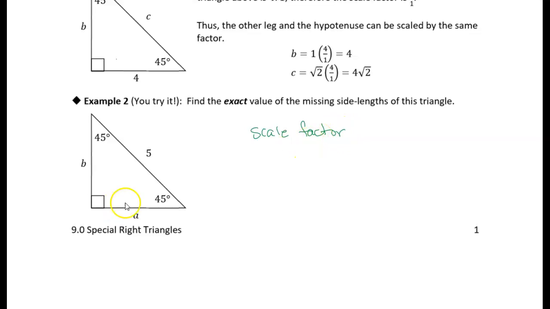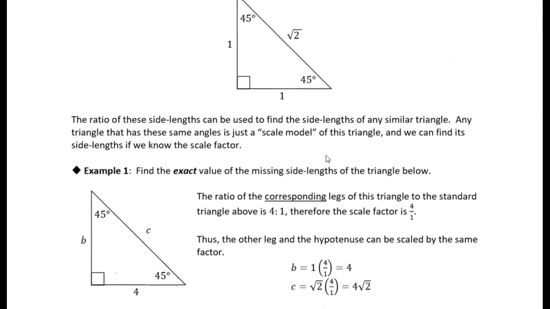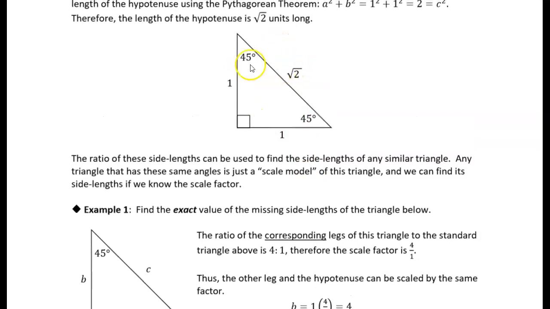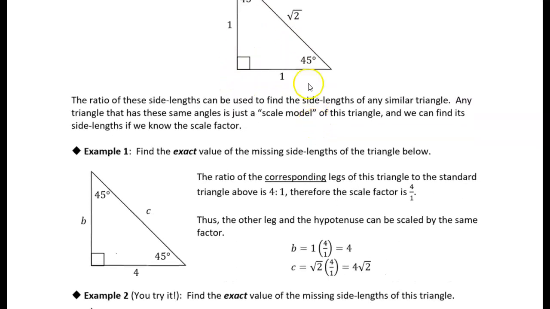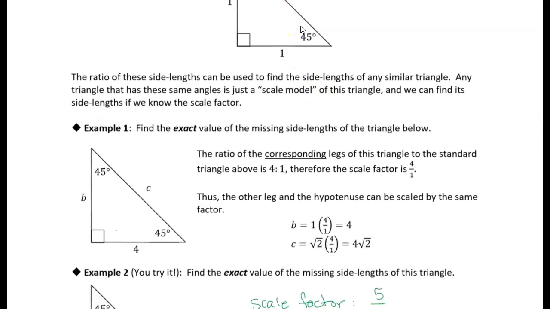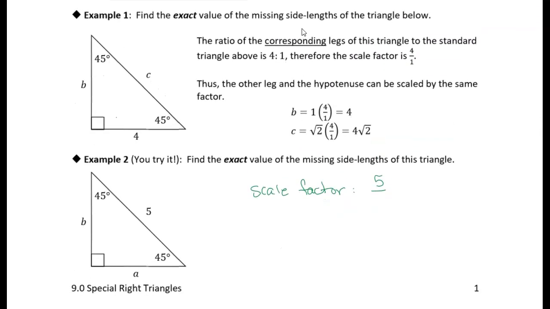All right, we just want to take the ratio of the side that we know, which is 5, to the corresponding side in this standard 45, 45, 90 triangle. So the hypotenuse is square root 2 there, but we're scaling it up, right? So the ratio is 5 over the square root 2. So we're basically scaling up that basic triangle by a factor of 5 over square root 2.